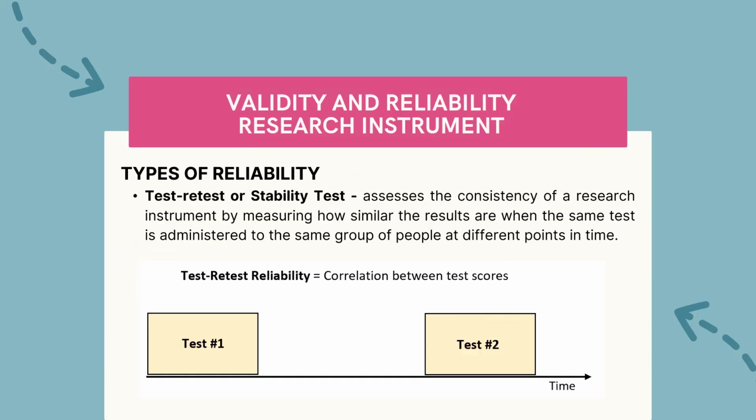And then after, say, 2 months, you use the same instrument again in order to have this post-test. And you can tell whether the performance of the students improved after all the lessons, the discussions, and the interventions. So that is test-retest, pre-test and post-test.